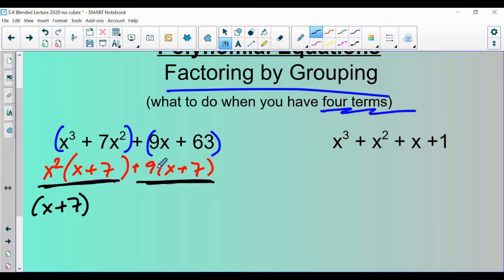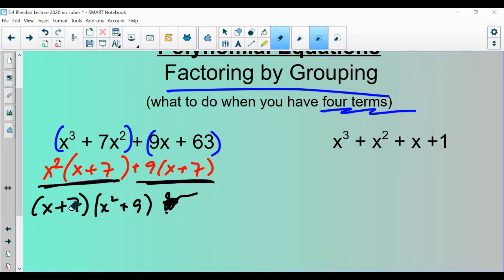This one has x plus 7, this one has x plus 7, so I'm factoring that x plus 7 out. Whatever would be left is going to go in the second set of parentheses. And over here we have an x squared, and over here we have a plus 9. And that is factoring by grouping right there.